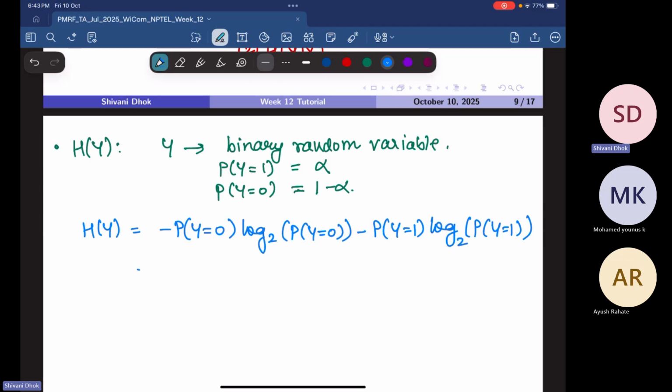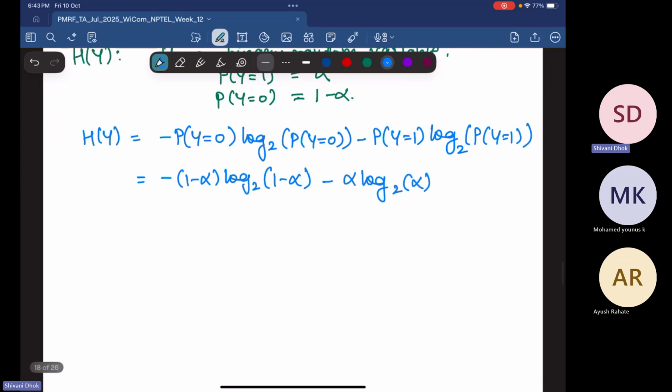This is nothing but minus of 1 minus alpha log to the base 2 of 1 minus alpha, minus alpha log to the base 2 of alpha. This is a standard function in information theory, and people refer to this as little h of alpha.